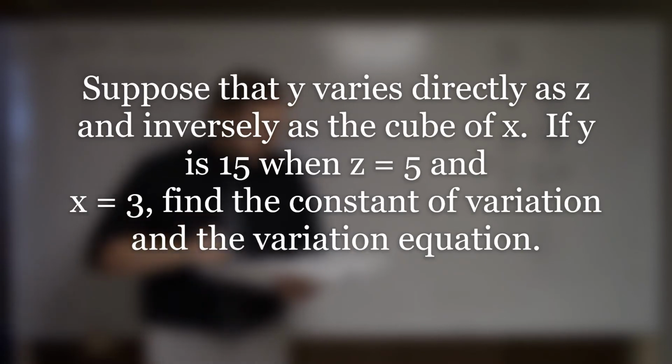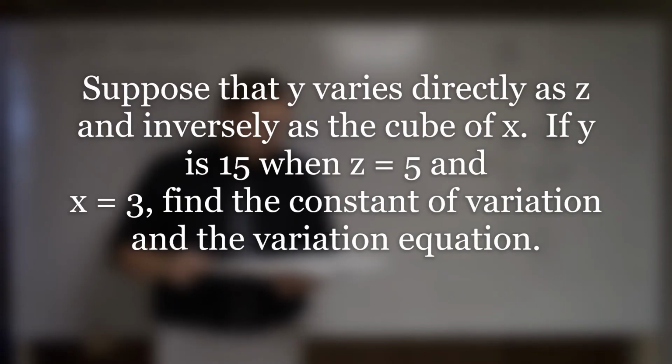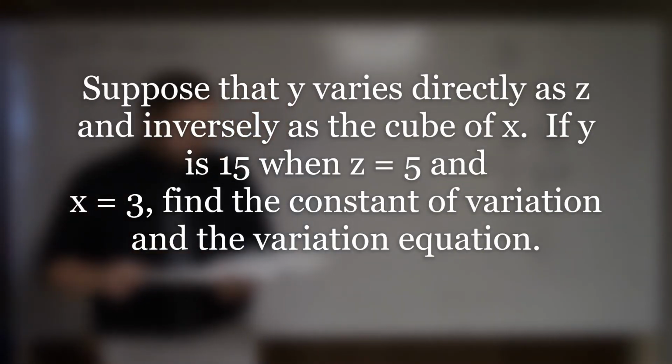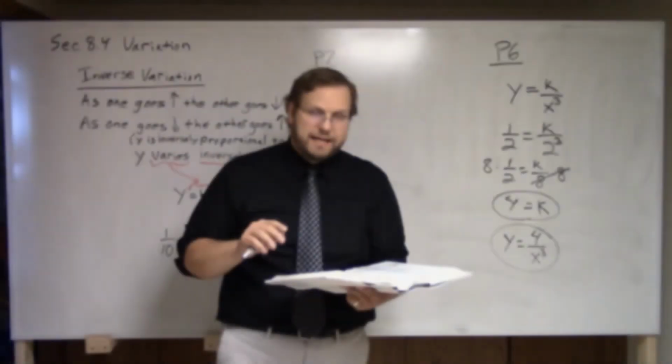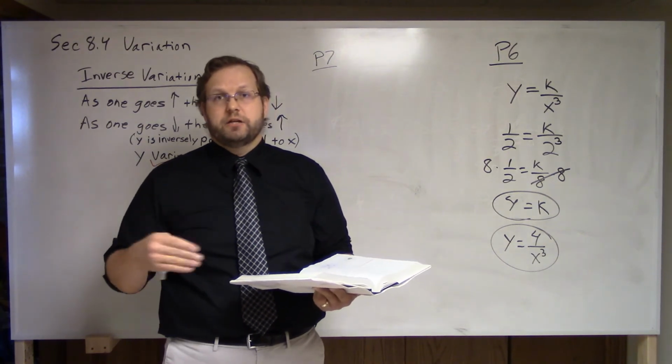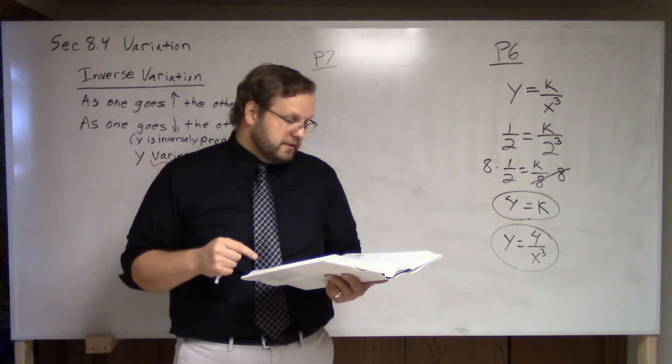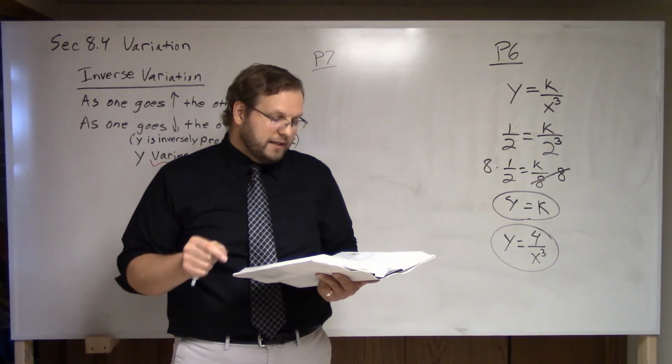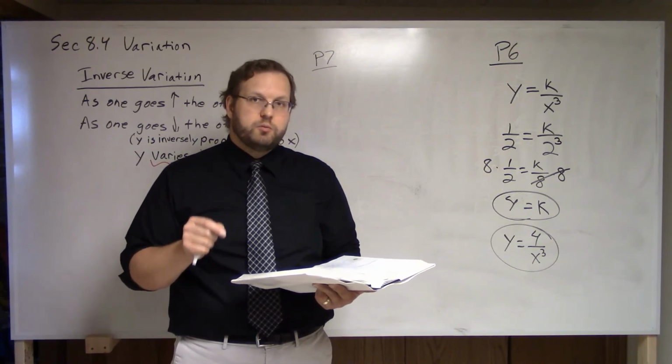Practice 7 says, suppose that y varies directly as z and inversely as the cube of x. If y is 15 when z is 5 and x equals 3, find the constant of variation and the variation equation. So again, first thing I need to do is get that general formula. First sentence says, suppose that y varies directly as z and inversely as the cube of x.